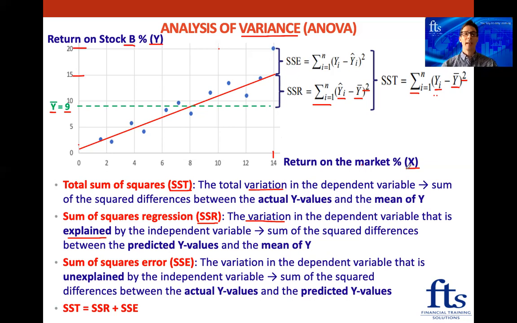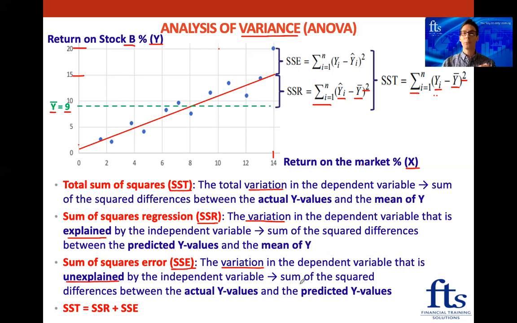Good. And then the other part of the total sum of squares is the sum of squares error, or SSE for short. Now this is what we looked at in the previous class. So this one is not going to be too bad. So what is this? This is the variation in the dependent variable that is unexplained by our independent variable.